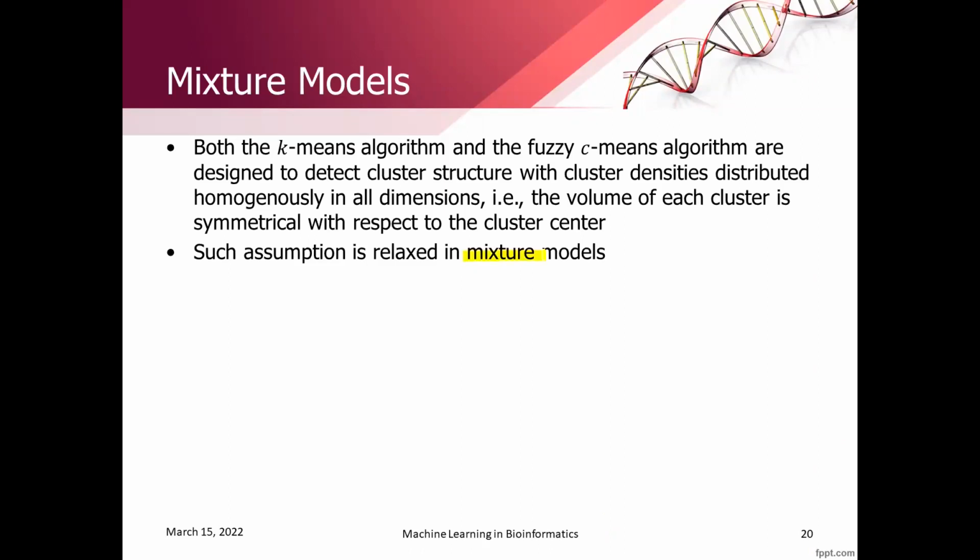It means that we assume the clustering is a set of different clusters, and for each cluster we can have a different model. Different model means we assume different dispersion around the representative, so the clusters can be quite different.